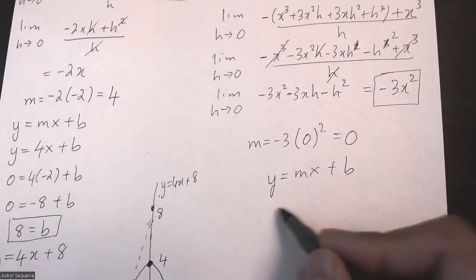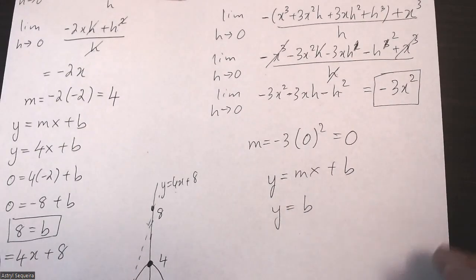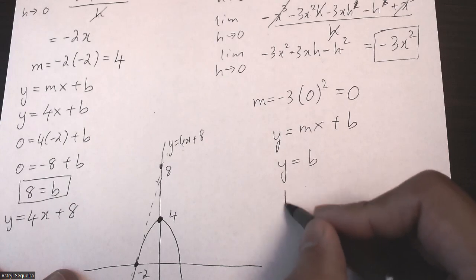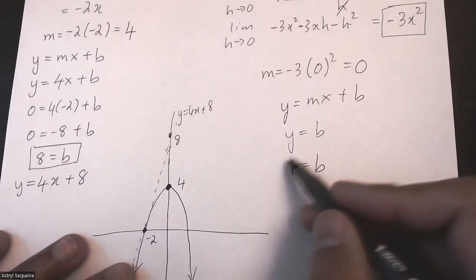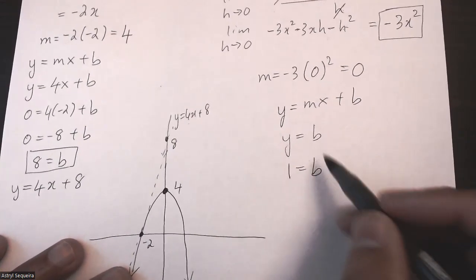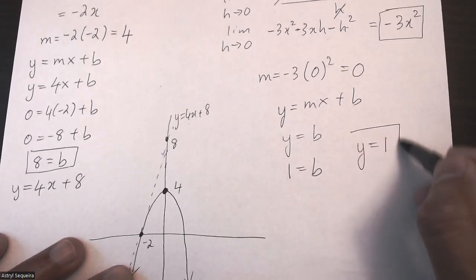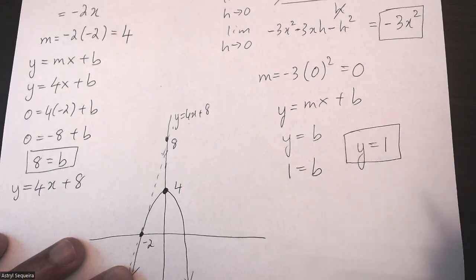Obviously, no slope exists, so y is just going to be b. And if I come back over here, I know that the y value is 1 when x is 0. So y is 1, so b is just 1. So my equation for this tangent line is just y equals 1. It's a horizontal tangent line, which is possible.